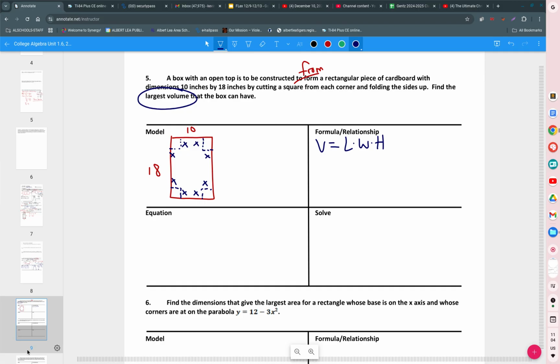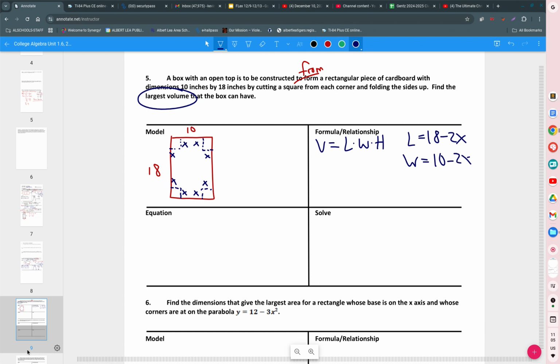Less than 18. By how much? By 2x's, right? So the length is 18 minus 2x's. How about the width? 10 minus 2x's.